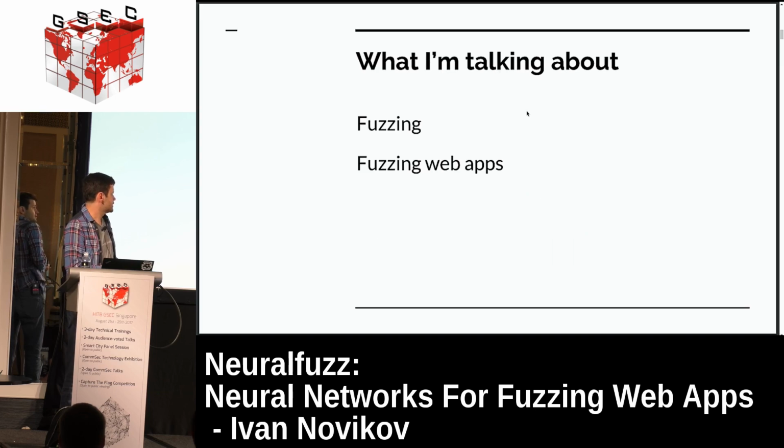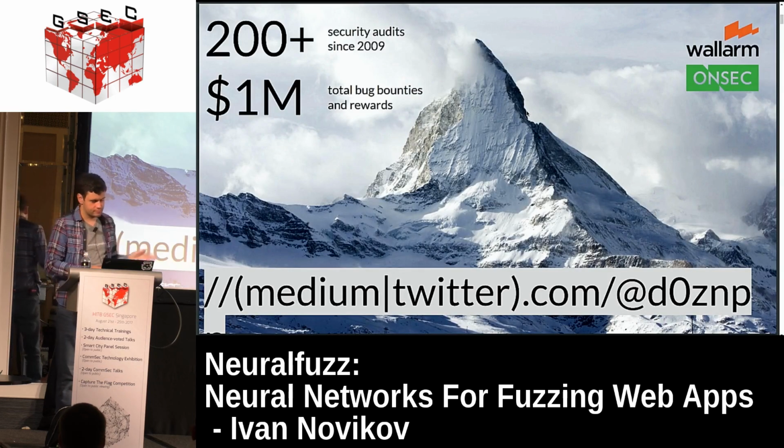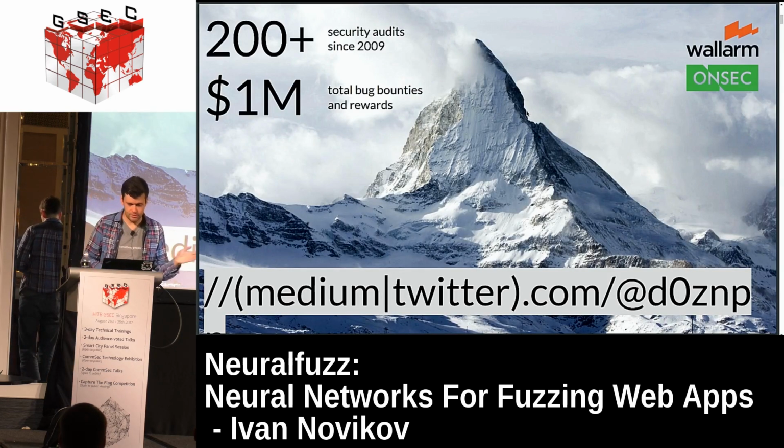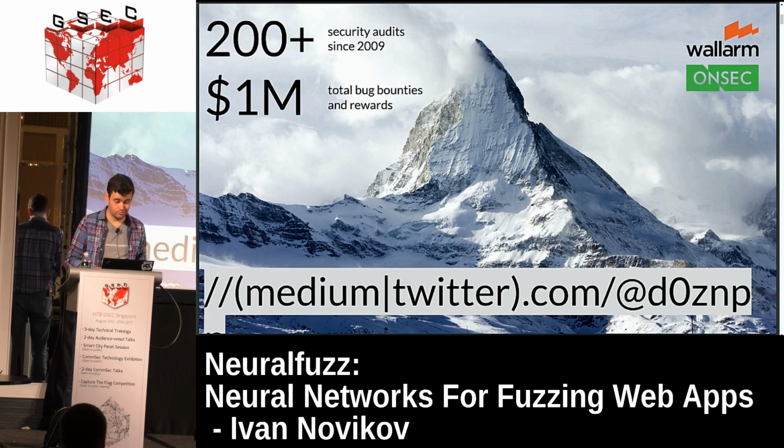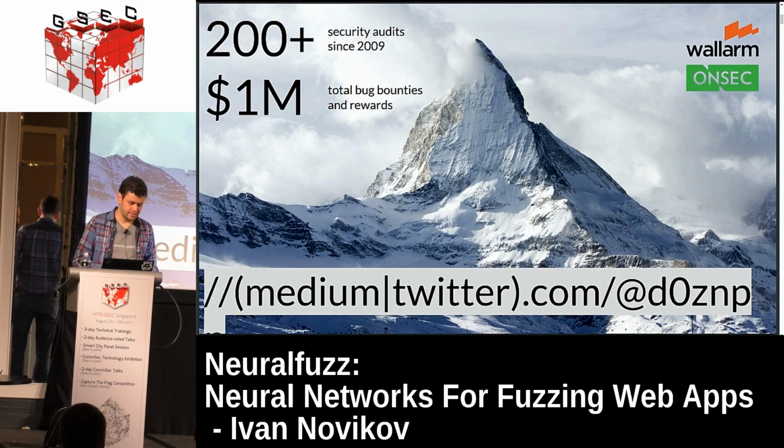So let me explain who I am and where I'm from. I founded my first company in 2009, a security consulting team, and we have conducted about 200 security audits over the last, I don't know, 7 or even 8 years.